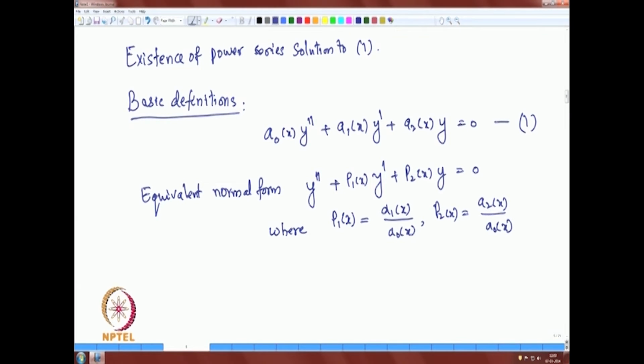So, now we define what we mean by an analytic function.